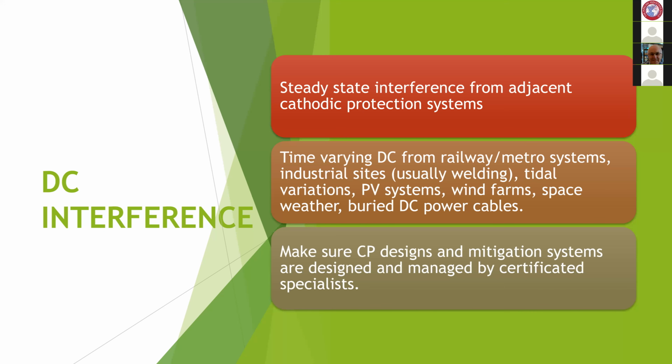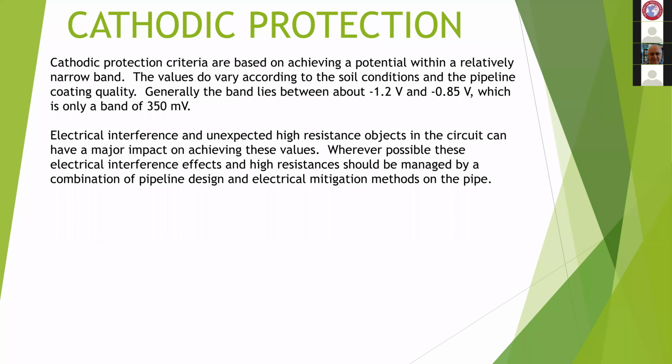But they all create gradients, and we have to deal with them. It does require special expertise in CP designs to deal with these mitigation systems. In the standard that we wrote, the 21857, we put in a lot of calculation examples so that people can use the standard to validate their own calculation models. But it's not easy, and it's easy to be misled.